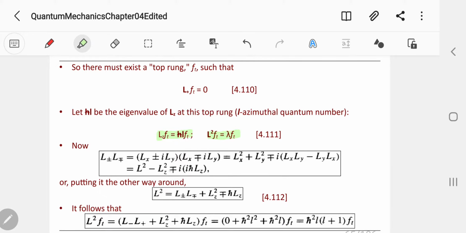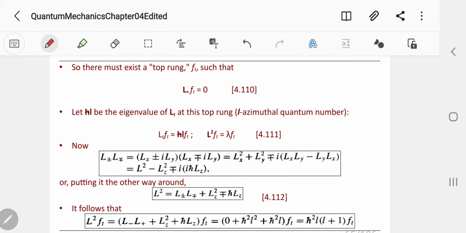So let's take a look at this one. We expand it like this, and then we have L square, L square minus Lz square minus plus i h bar Lz, or L square is just equal to L plus minus L minus plus Lz square minus plus h bar Lz.